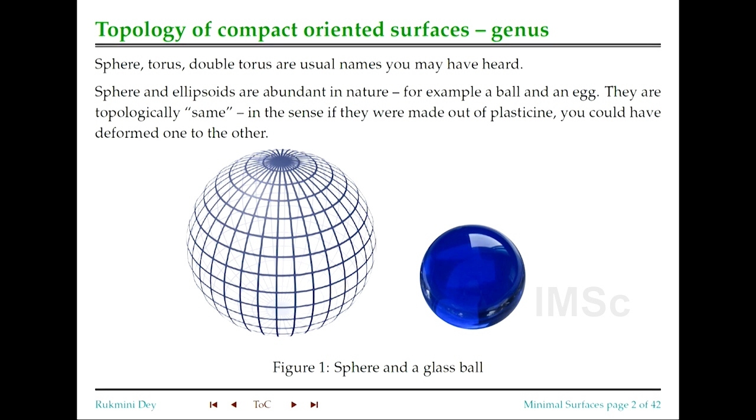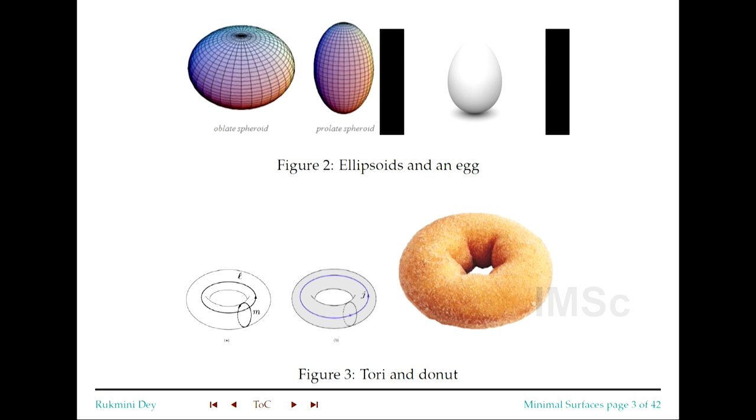topology of compact oriented surfaces are classified by their genus. The genus 0 surfaces are spheres, or ellipsoids. These are genus 1.